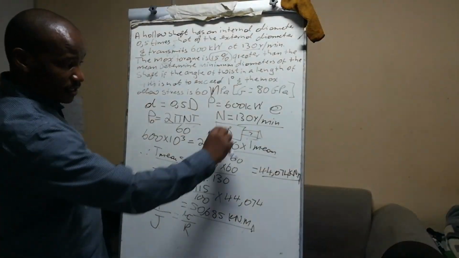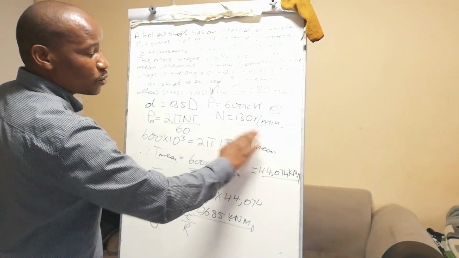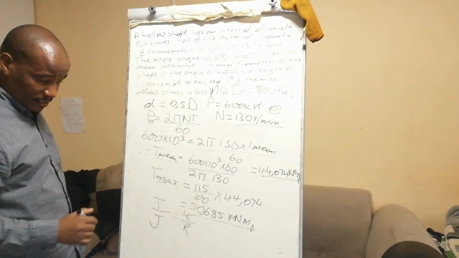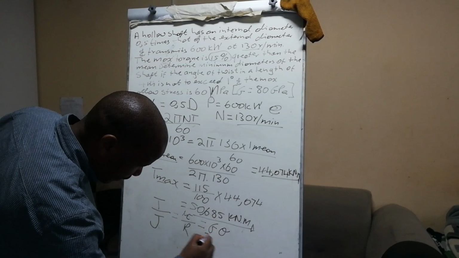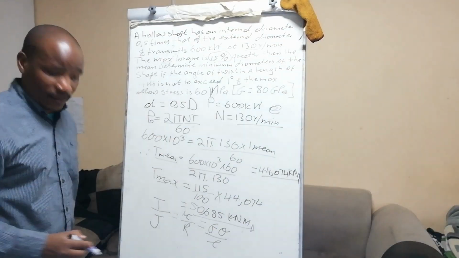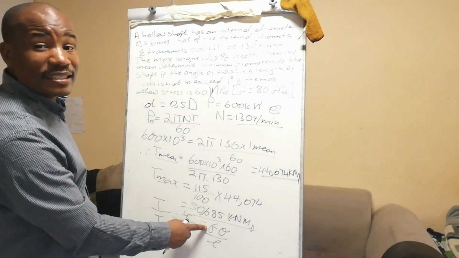That's basically the case. You always consider the outer radius. And it's equal to what? G theta over L. G is called the modulus of rigidity.